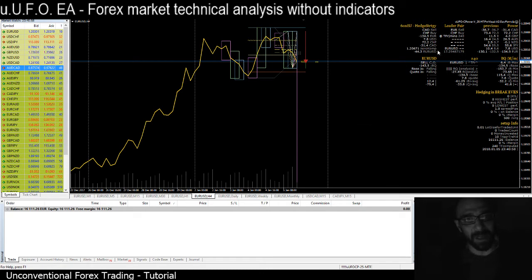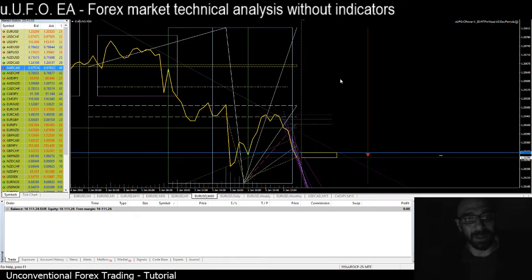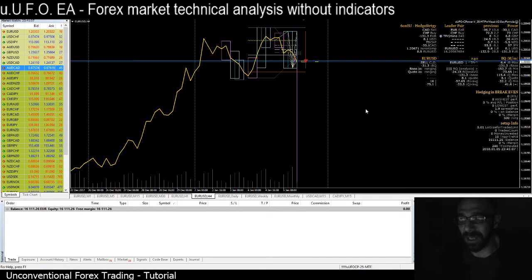So we don't have to expect to trade immediately, or that these values will be the same.